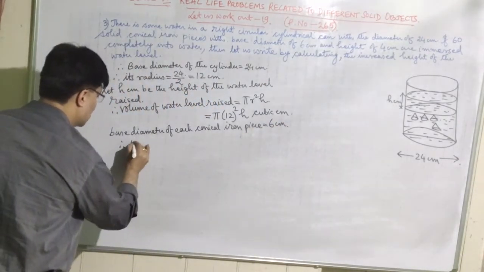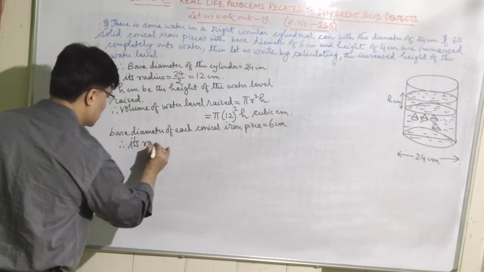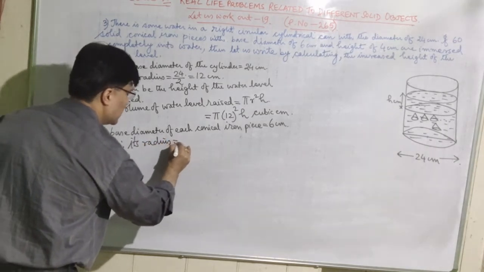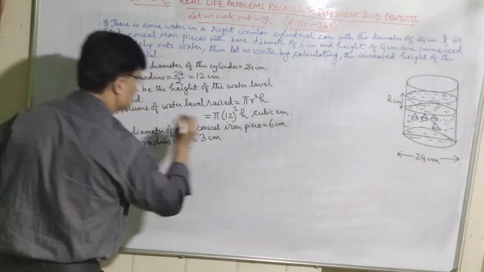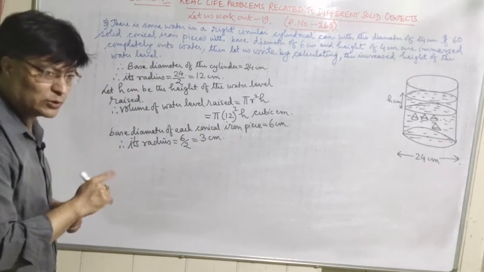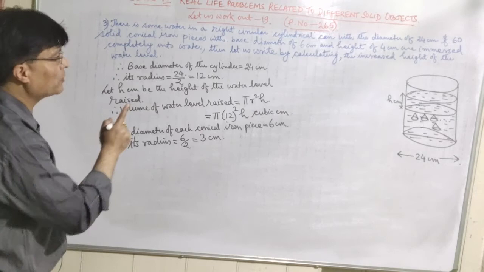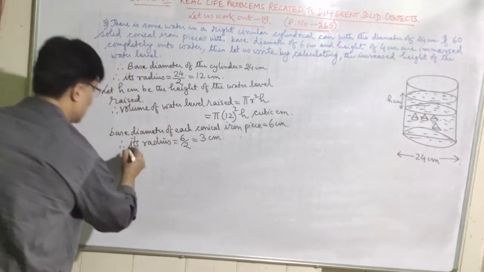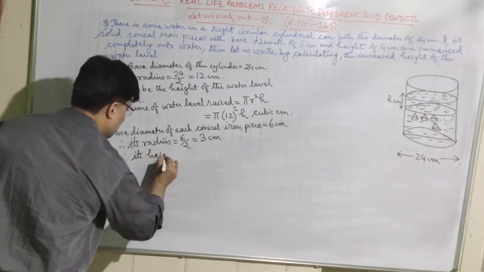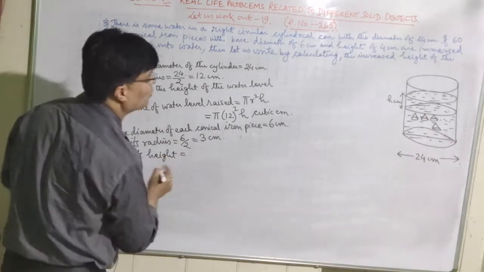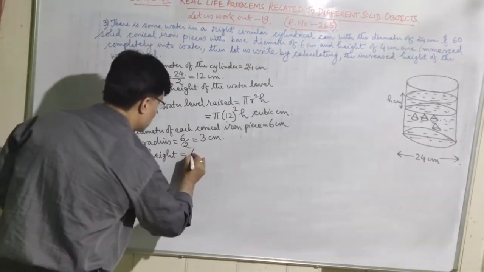So therefore its radius is equal to 6 by 2, which is equal to 3 centimeter. Okay. Now what is the height? Therefore its height is 4 centimeter.